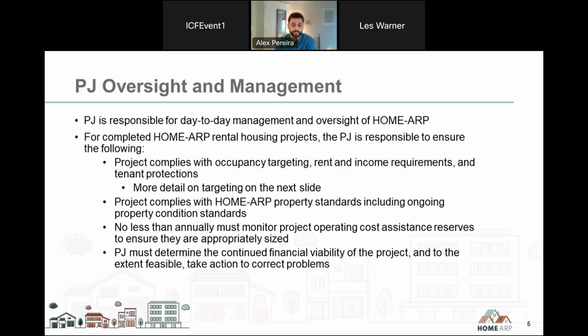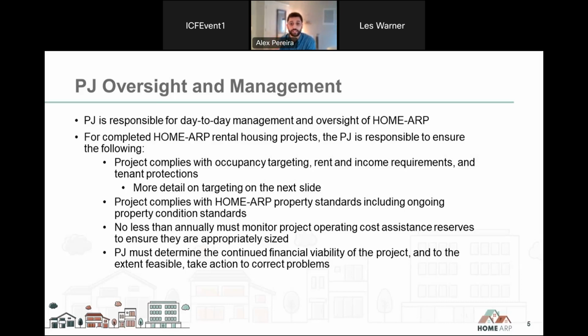So, another way to say this is that once a project is complete, the PJ must ensure that the project meets the property standards and that it also continues to meet those standards throughout the compliance period. So regular checks must be in place for the PJ to determine that. And then we'll talk about operating cost assistance reserves again towards the end of the presentation.